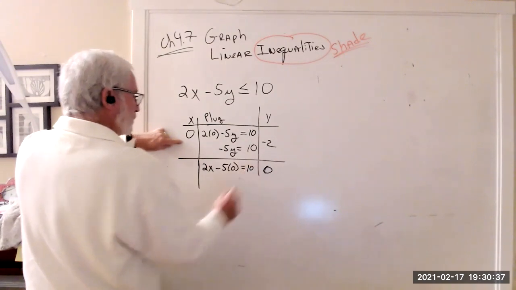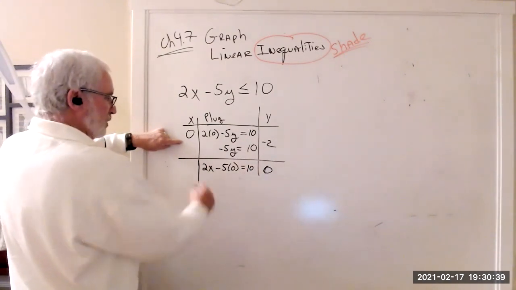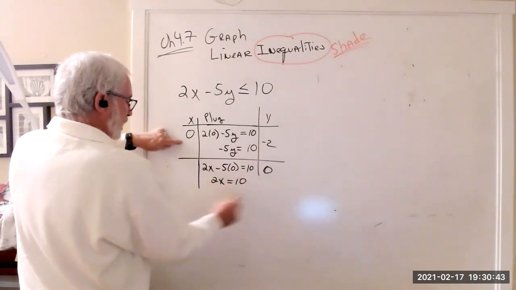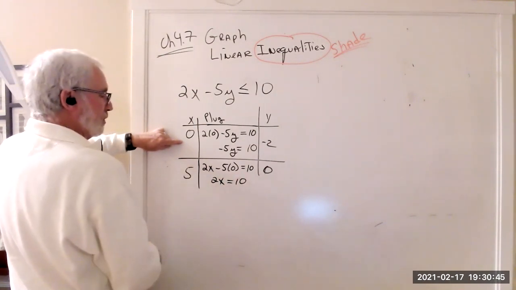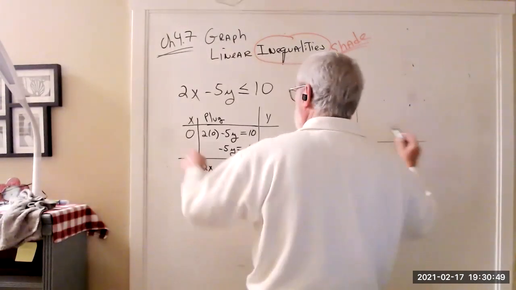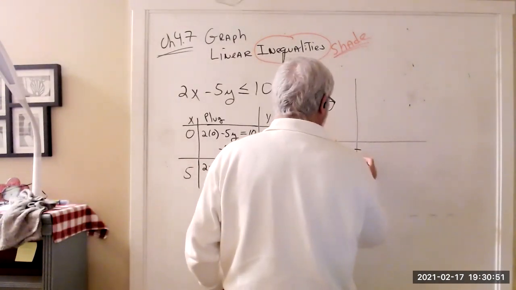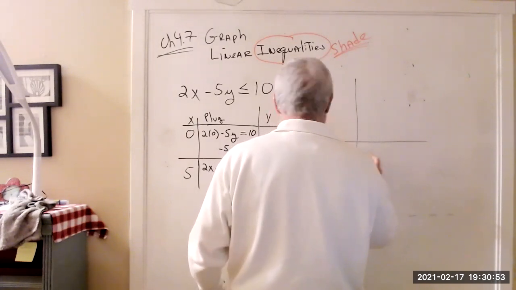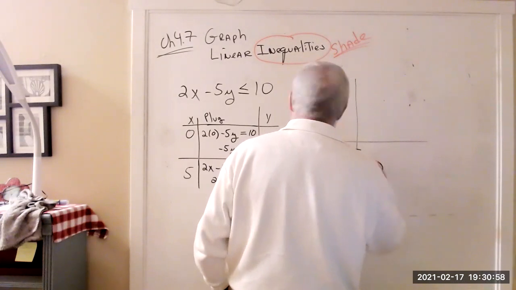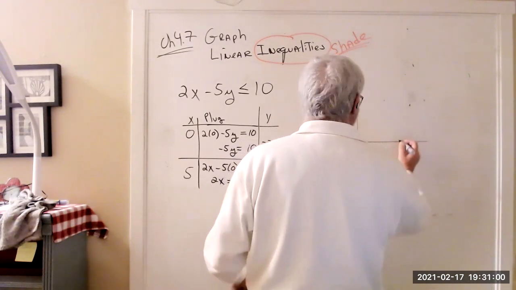Equals 10. So this is 2x equals 10. x is 5. So on this one, I have 0, negative 2, and I have 5, 0.